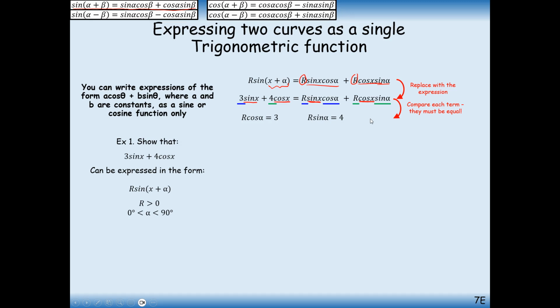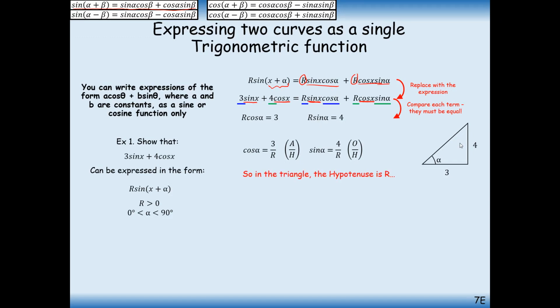Fantastic. So we learned that from basic trigonometry, we can draw ourselves a little right angle triangle here, cos representing the adjacent over hypotenuse and sin representing the opposite over hypotenuse. We draw ourselves angle alpha here, and the opposite side has to be 4 over R, and the adjacent side is 3 over R. Where do we put capital R?